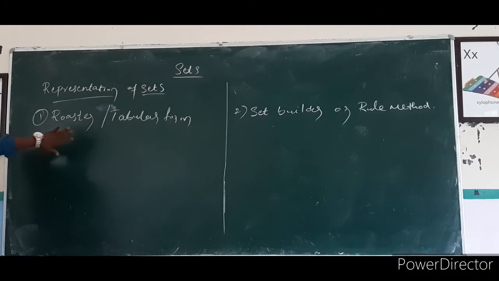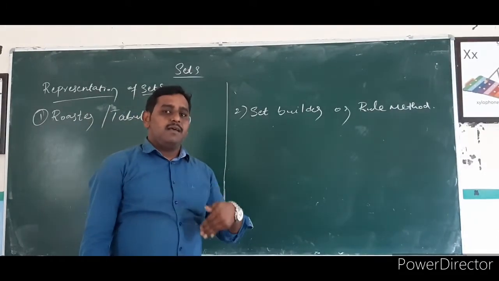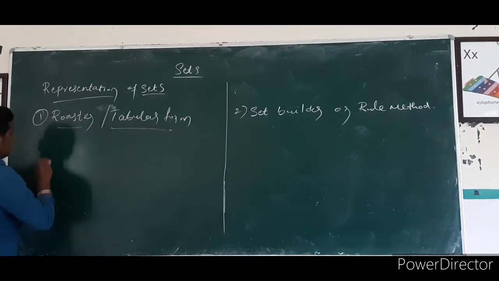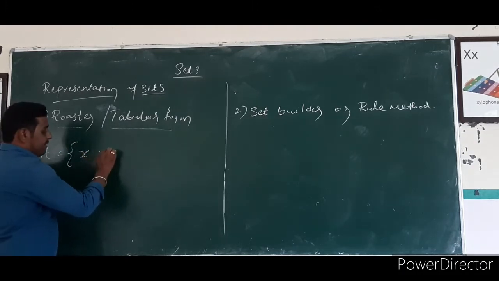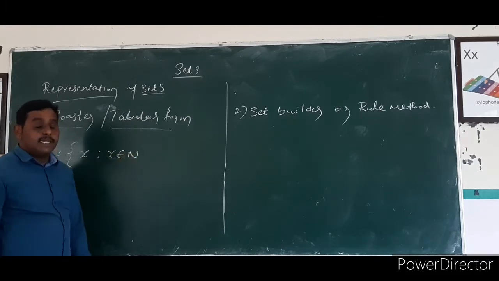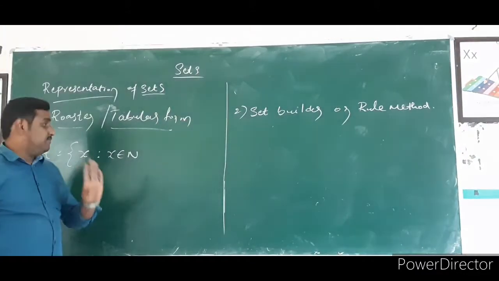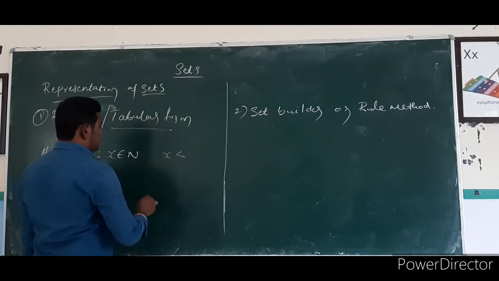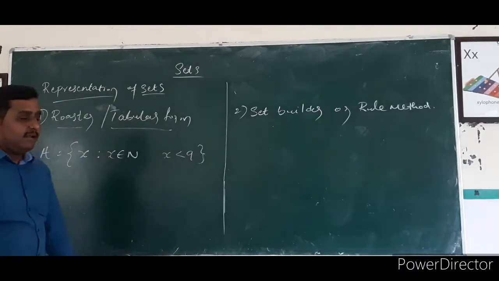In the roster method, tabular form, we list the elements within the curly brackets. For example, if I take a set like this: A equals x, where x belongs to natural numbers. Natural numbers start from 1. Where x is less than 9.